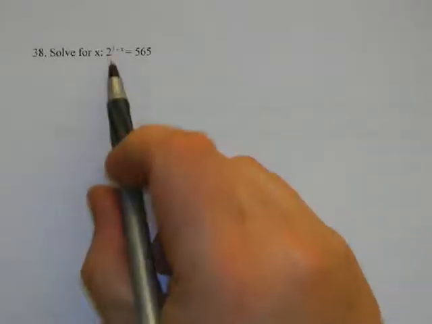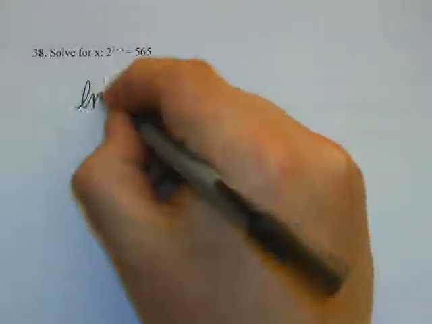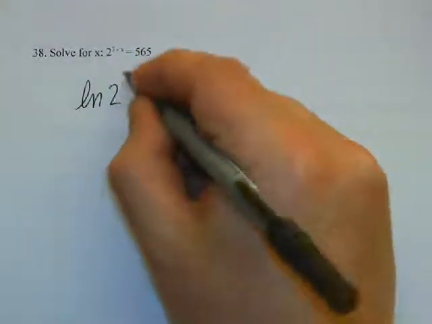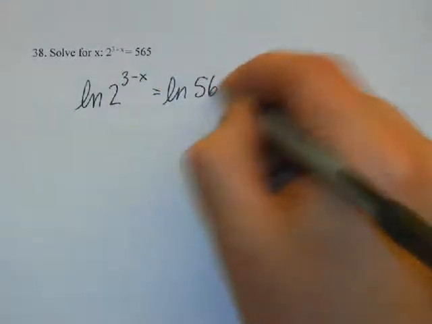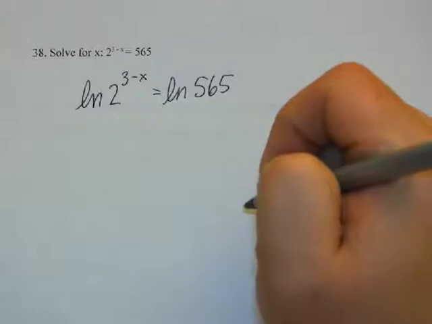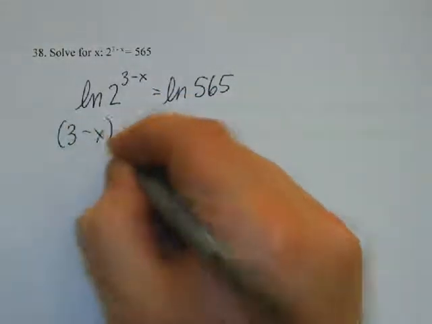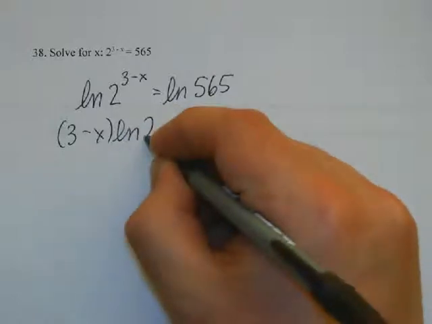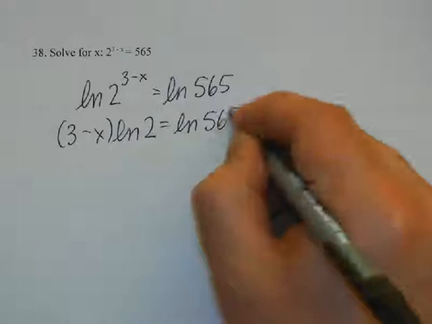Number 38. We have an exponential with a variable in the exponent. So, to get it out of the exponent, we can use either of our log functions. I'm going to use natural log. So then rewriting the left side, I get the quantity 3 minus x times natural log of 2 equals natural log of 565.